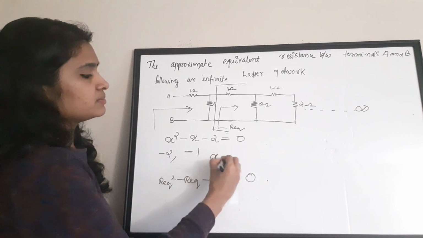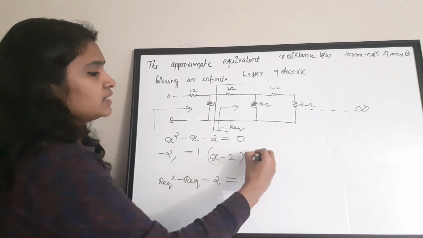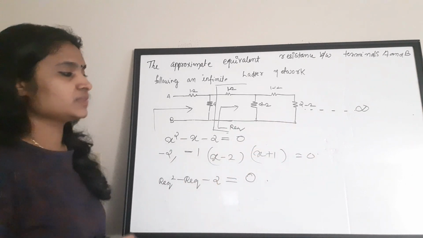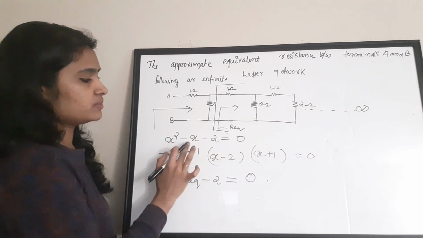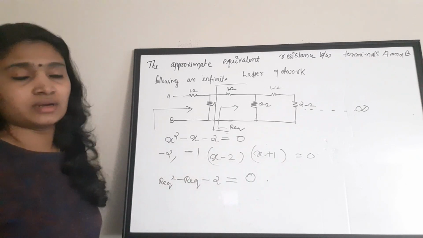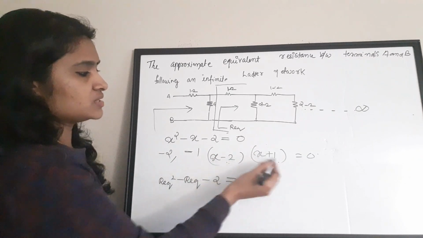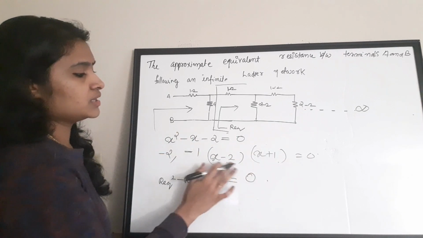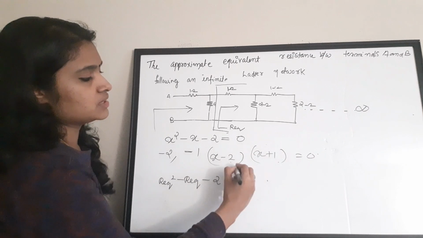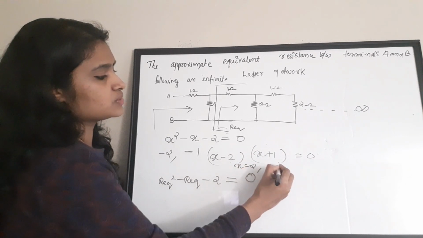It is x minus 2 and x plus 1 is equal to 0, right? If you solve this equation, x square minus x minus 2 is equal to 0, you will get x minus 2 into x plus 1. The product is minus 2 and the sum is minus 1. So x minus 2 and x plus 1. That is x is equal to 2 and x is equal to minus 1.